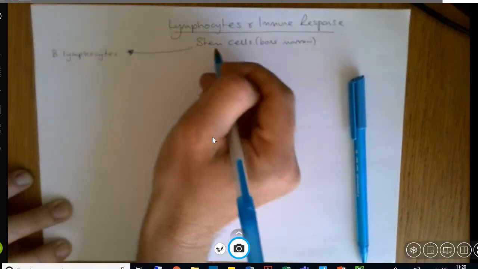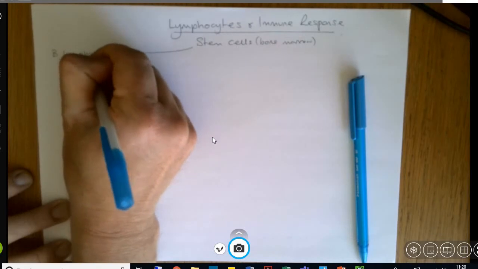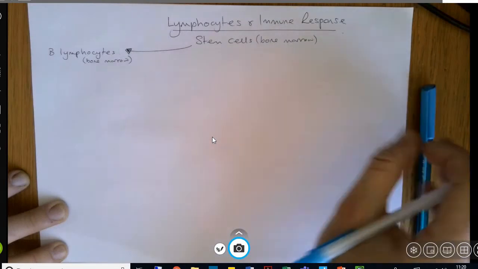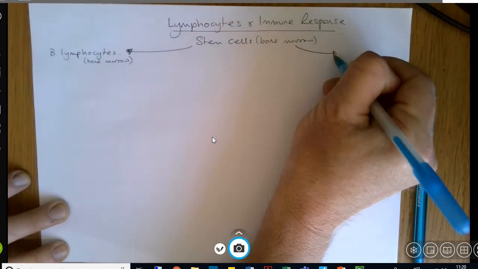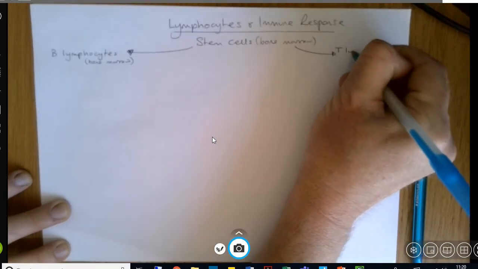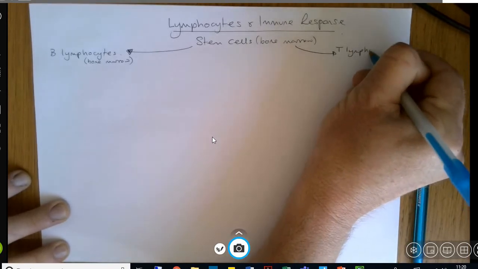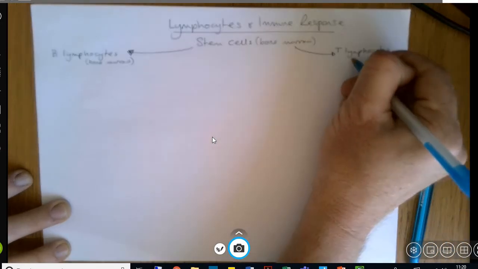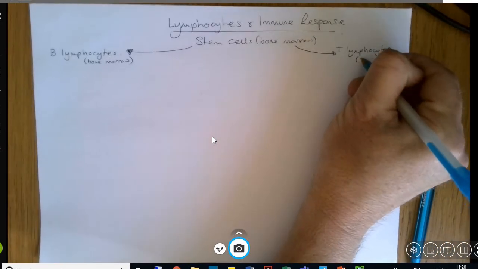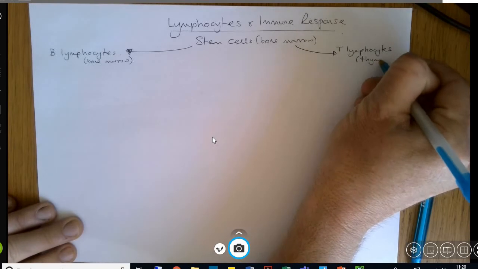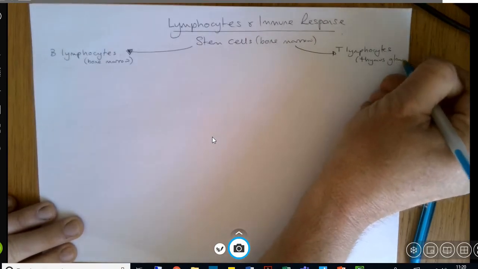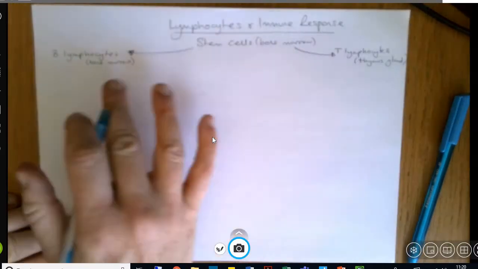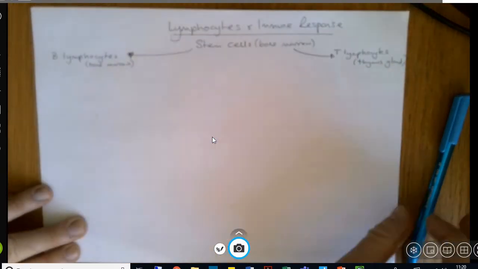These mature in the bone marrow; they stay in the bone marrow until they are mature. On the other hand, we also have the T lymphocytes, which travel through the blood from the bone marrow to the thymus gland, and mature in the thymus. So we'll look at both of these two together and in comparison.